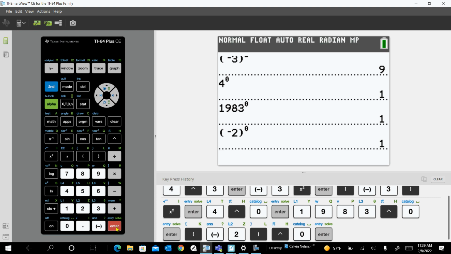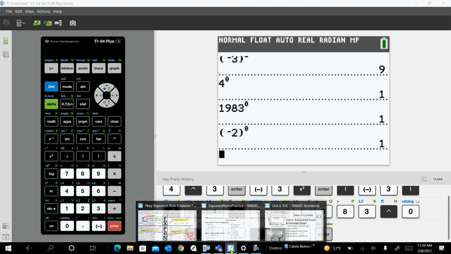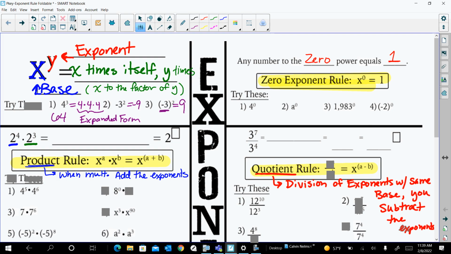So what is so special about the power of 0? It always equals 1. So you have to memorize this fact. So all of these answers here equal 1. Even if it's a variable to the 0 power equals 1, equals 1, equals 1.